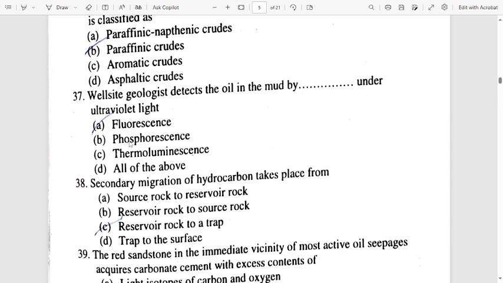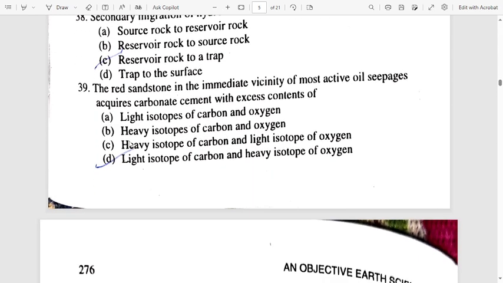The red sandstone in the immediate vicinity of most active oil seepages acquires carbonate cement with excess contents of light isotope of carbon and heavy isotope of oxygen.